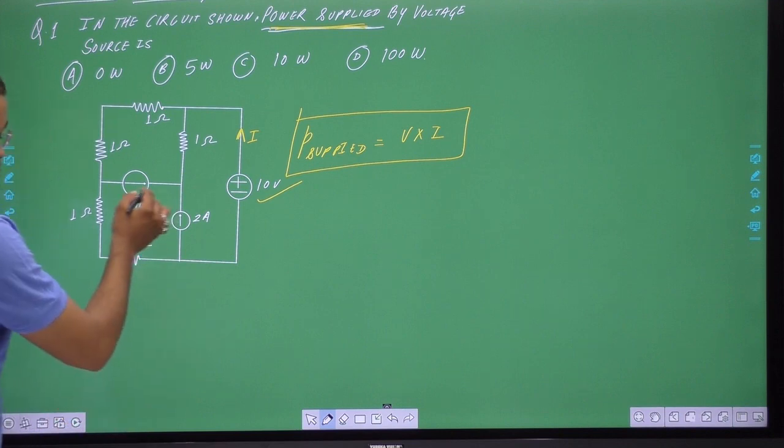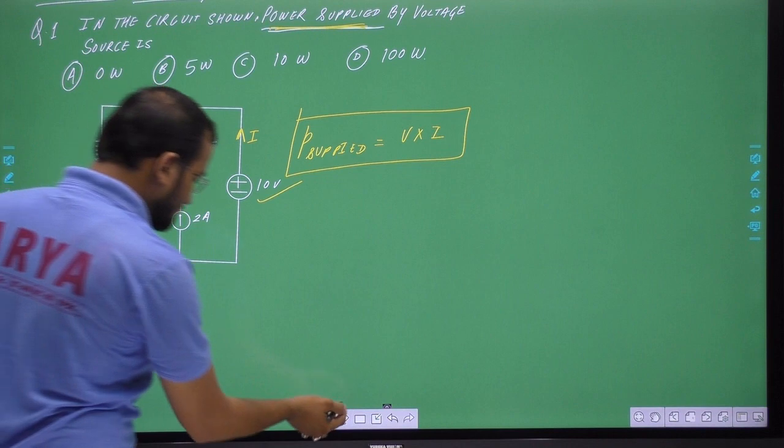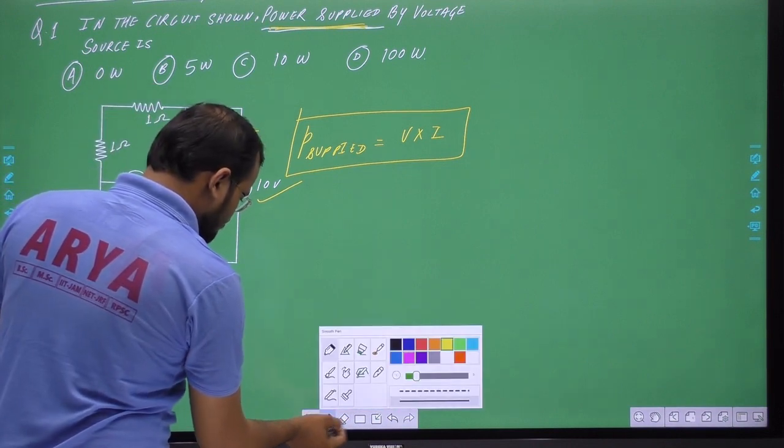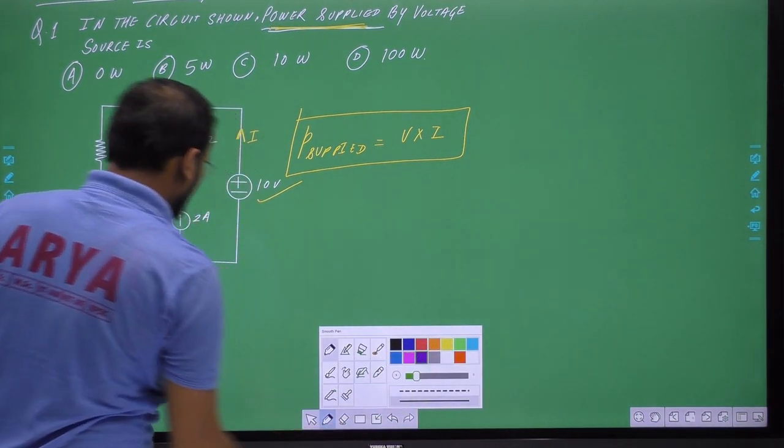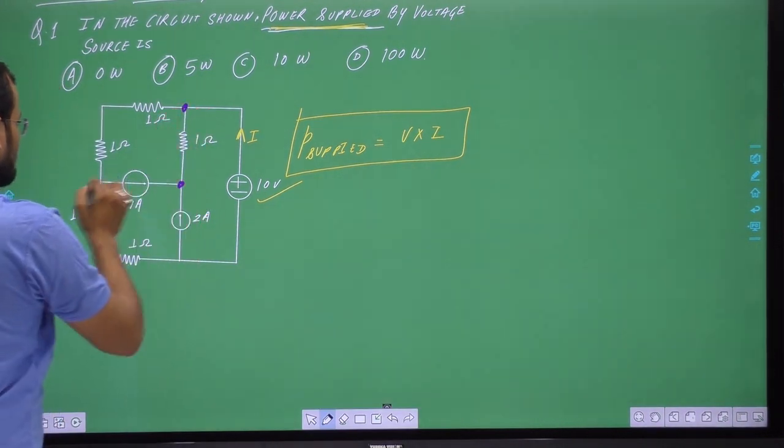For this, we will use KCL at the nodes or junctions, as this is a junction, and this is also a junction.